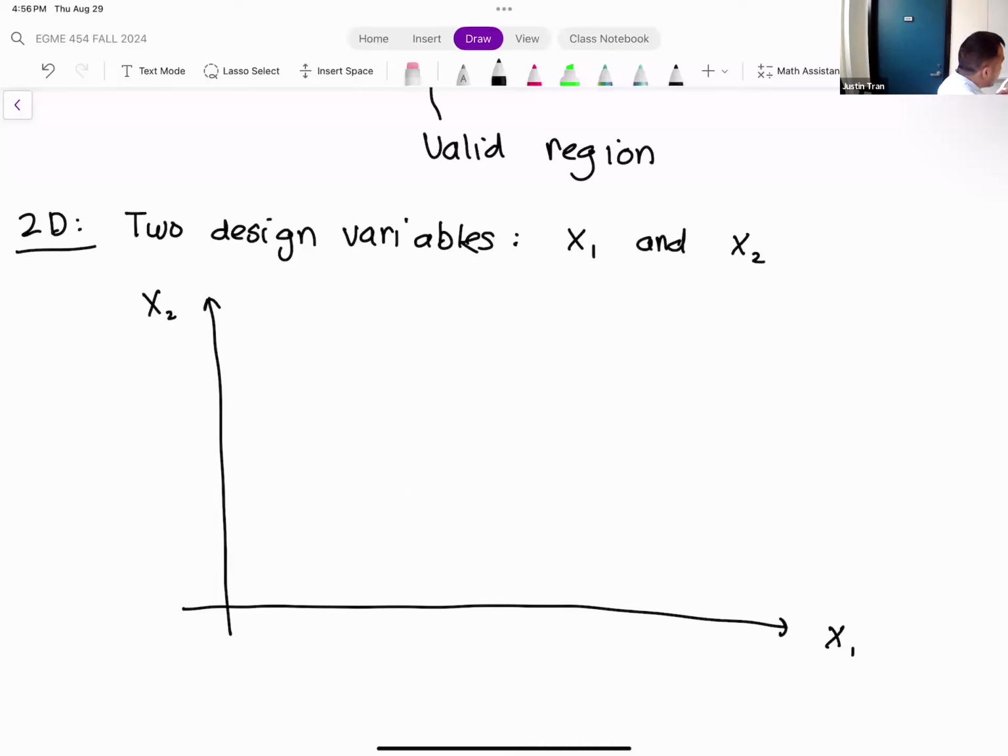A location on this plot represents a paired value of x1 and x2. We call that a single design.